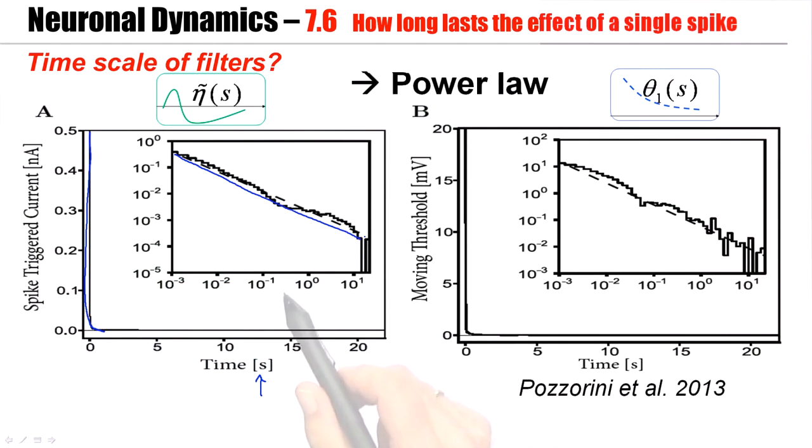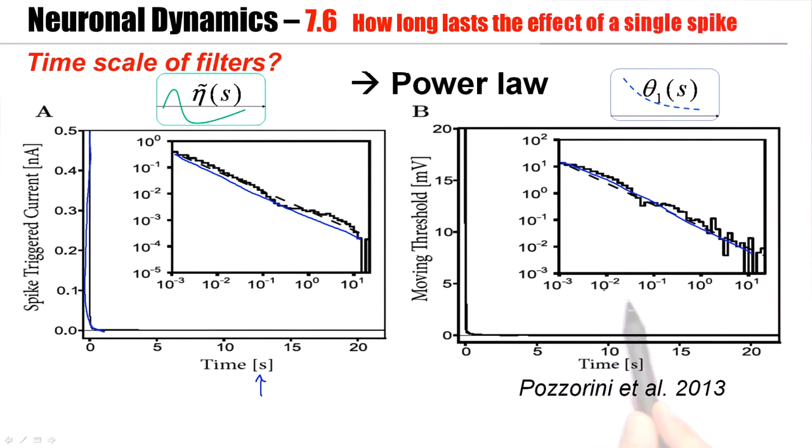And that means it's a power law. Similarly, this function of the dynamic threshold, theta 1, looks very sharp. But if you plot it on a log-log scale, then you have this linear function. Again, it's a power law.